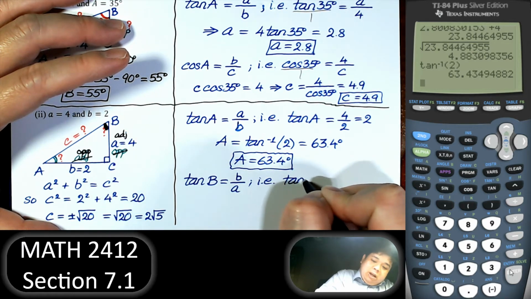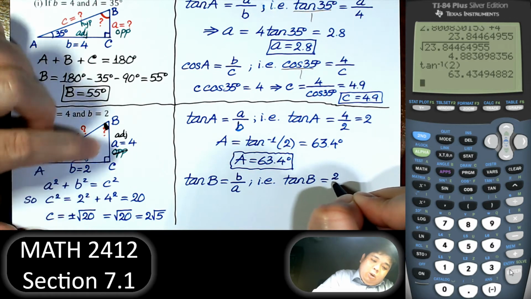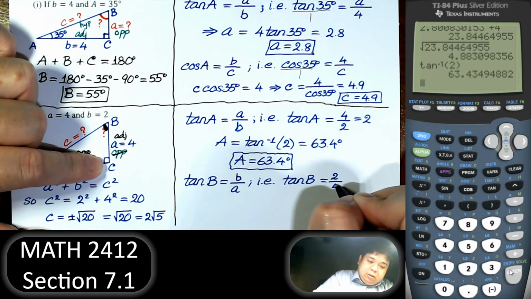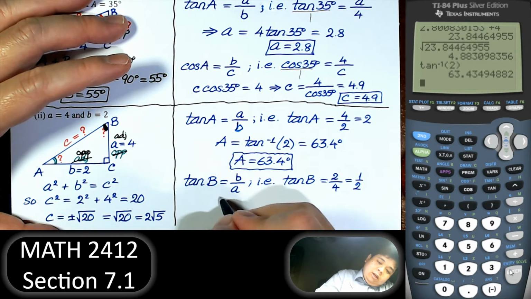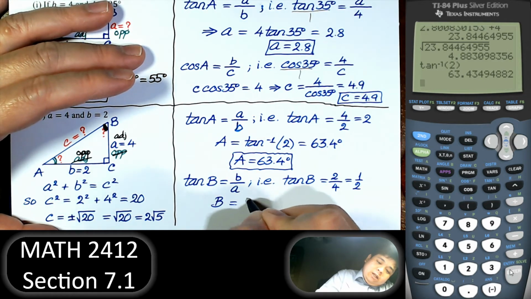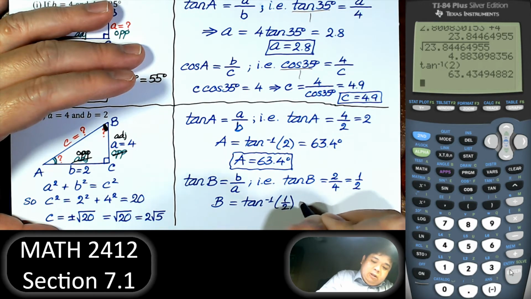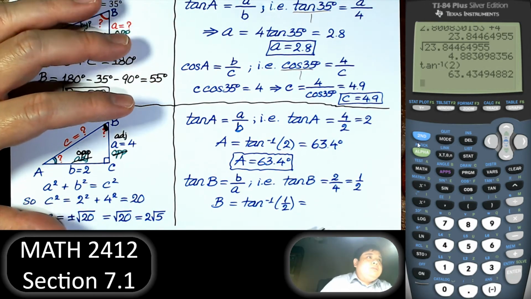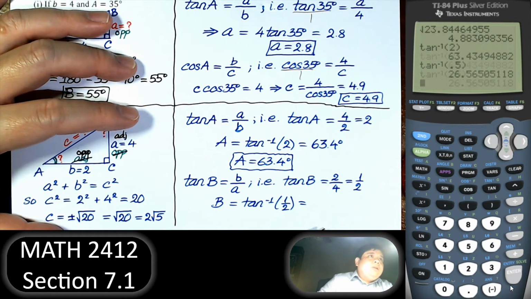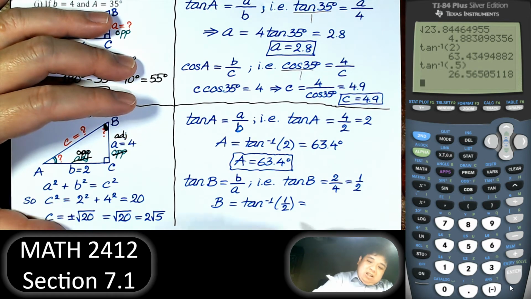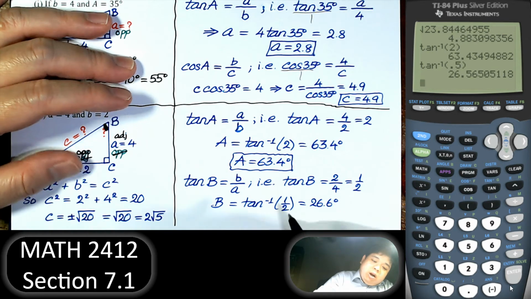So B is equal to tangent inverse of 1/2. 26.6. Again, I only round to 1 decimal place.